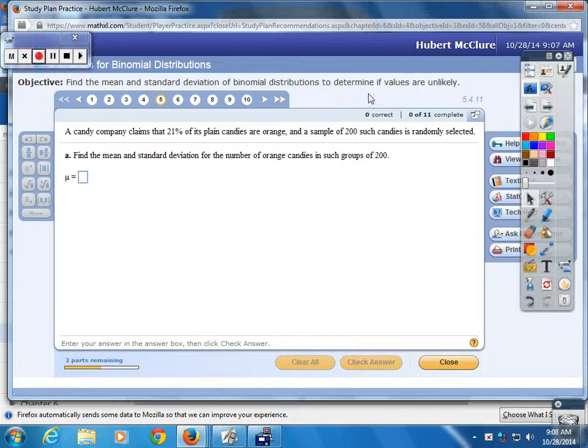This is hard. It says, a candy company claims that 21% of its plain candies are orange, and a sample of 200 candies is randomly selected. Find the mean and standard deviation. Now, I will be glad to help you with this problem if you need it.